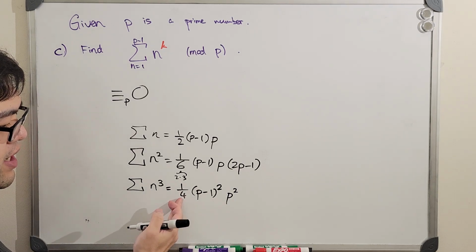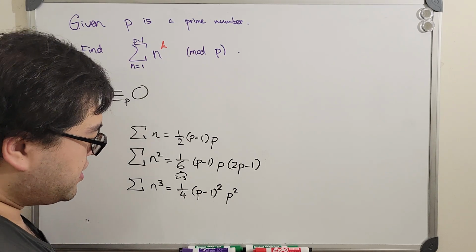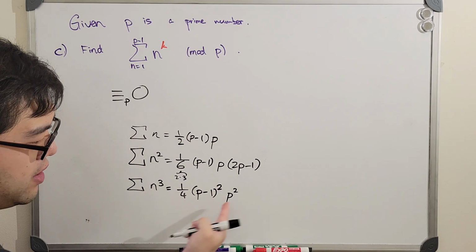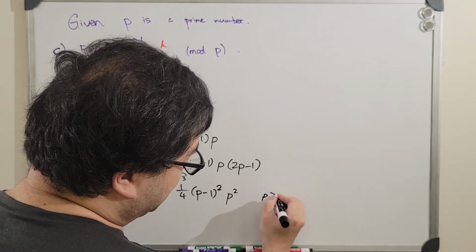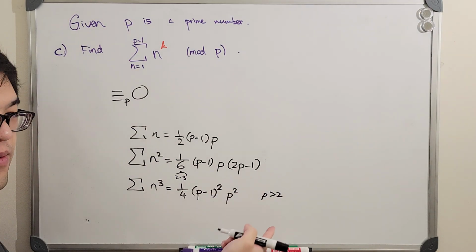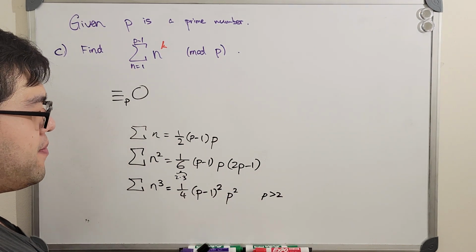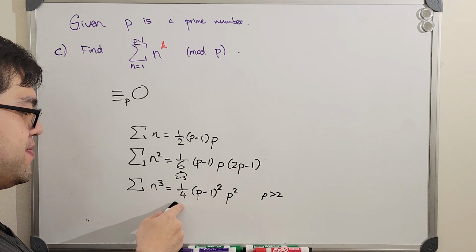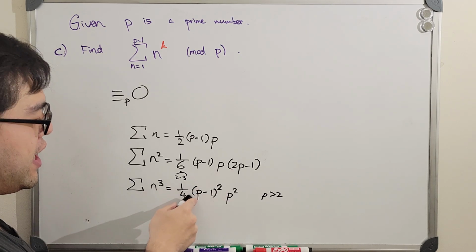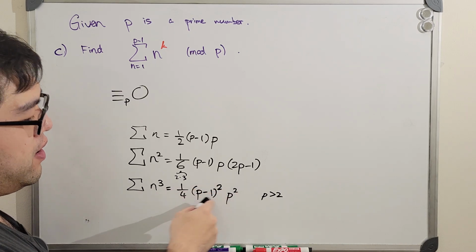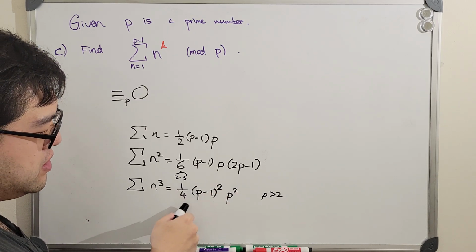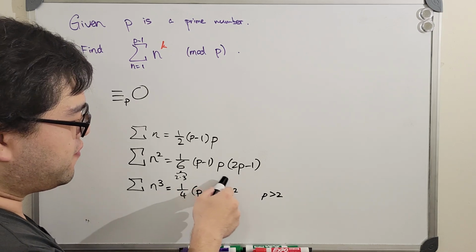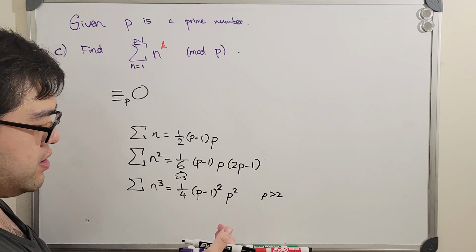And again, in this case, the denominator is 4, so the largest prime factor of it is 2. As long as we choose p to be strictly greater than that prime factor, we will be able to see that since p is a prime number, it cannot be divisible by 4 or any of the prime factors in the denominator, meaning that the whole denominator has to cancel out with the rest of the expression.